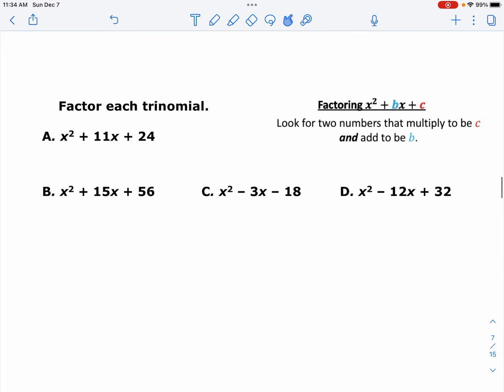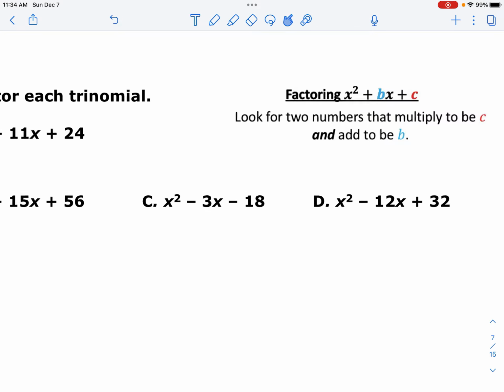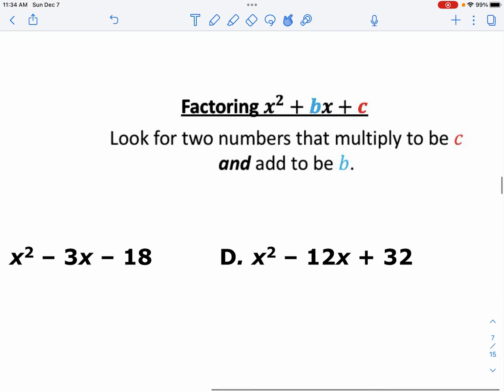All right. So how do we factor polynomials that are quadratics in the form x squared plus bx plus c, where my leading coefficient here is 1? Well, we want to look for two numbers that multiply to be this one right here, but also add to be b.